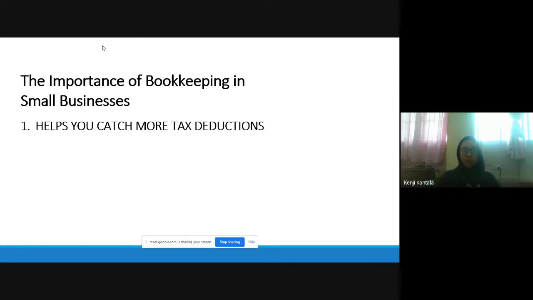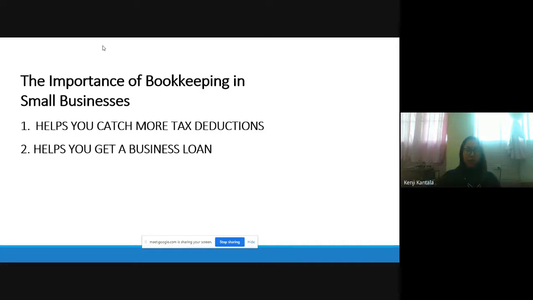When you keep those receipts, you can claim them as part of your deduction from your sales so that your net income will be lower. And with a lower net income, that means lower taxes. So, you need to compile and organize your receipts, and at the same time, you need to reflect them in your records.